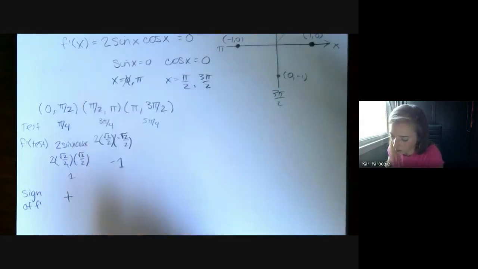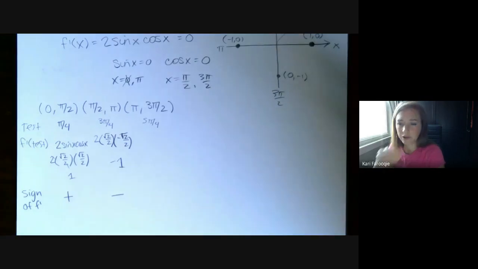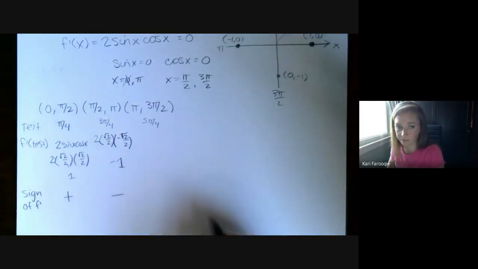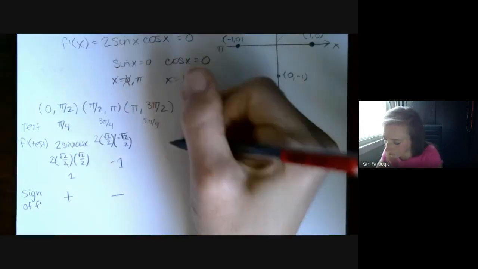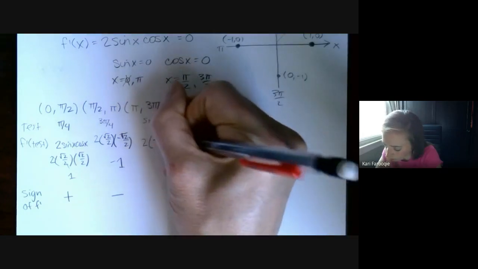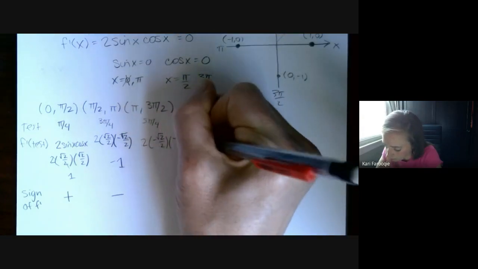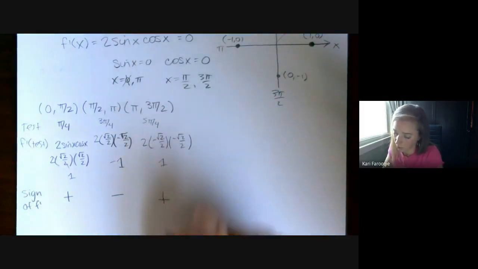And you'll get -1. And we know how these trig functions work. They're oscillating. So we're expecting that these are going to change. If they don't, check your work over. 5 pi over 4 is in quadrant 3. Sine and cosine are both negative. You're going to get +1.